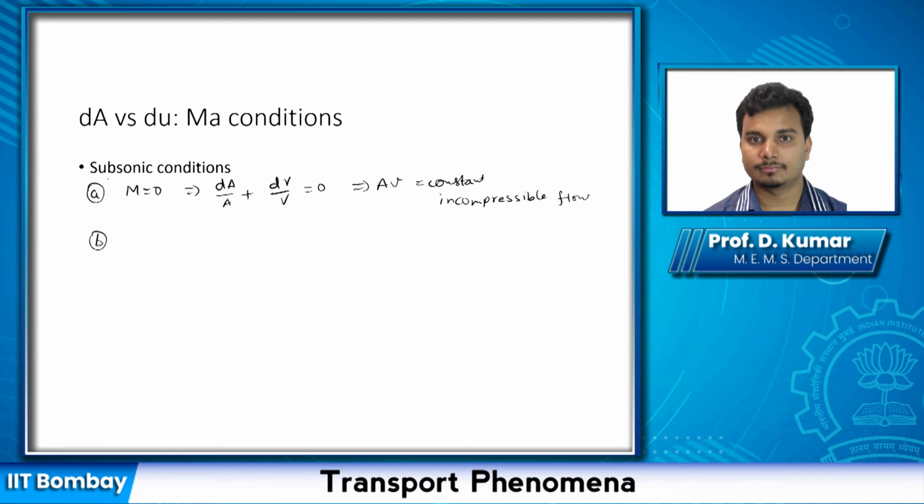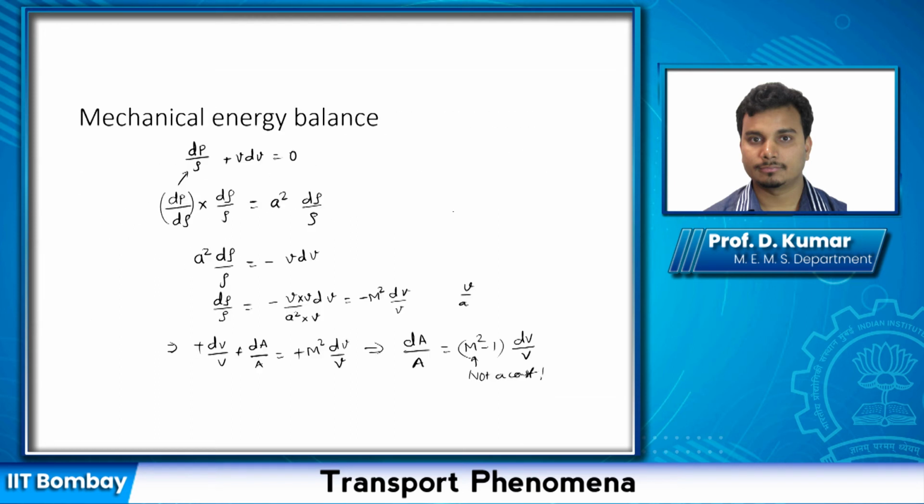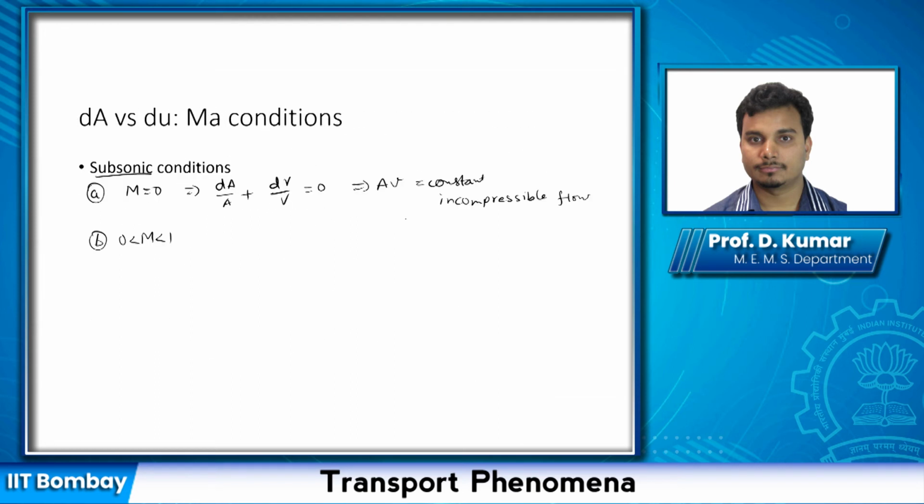Now, the second, subsonic condition, will be M more than 0 but less than 1. So if that is the case, let us see what happens. If this is your nozzle, this is the throat. So if Mach number is between 0 and 1, I'll just rewrite this equation here.